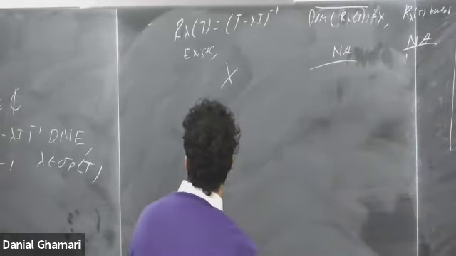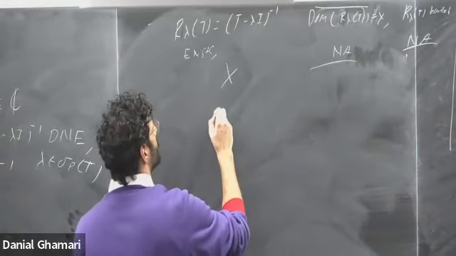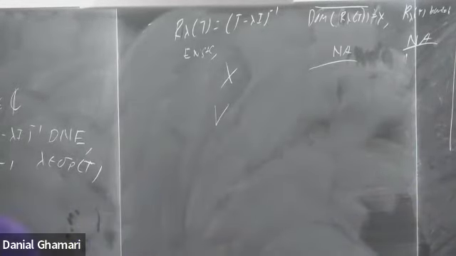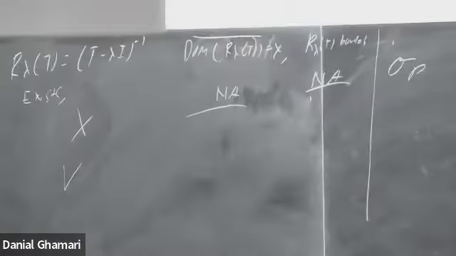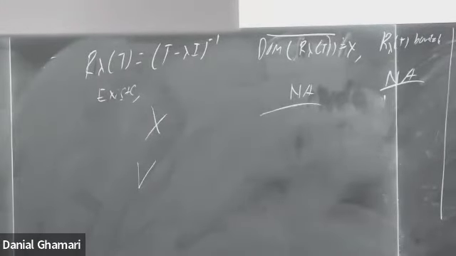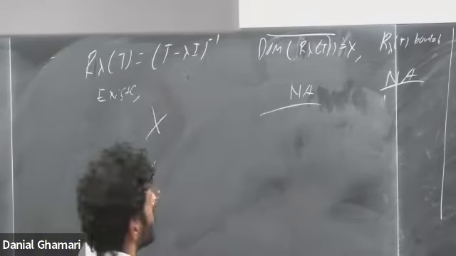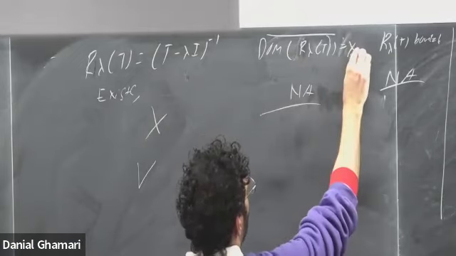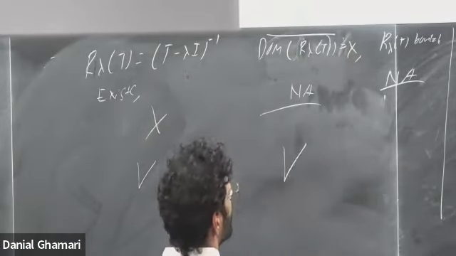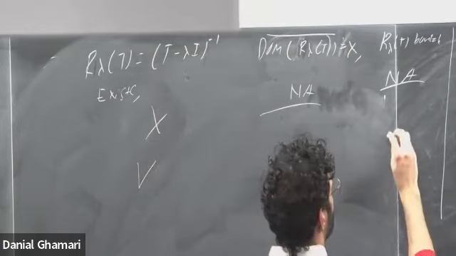Then you have that R lambda of T minus lambda I exists. R lambda of T exists, the domain of R lambda of T, its closure is equal to all of X, and it's also bounded.